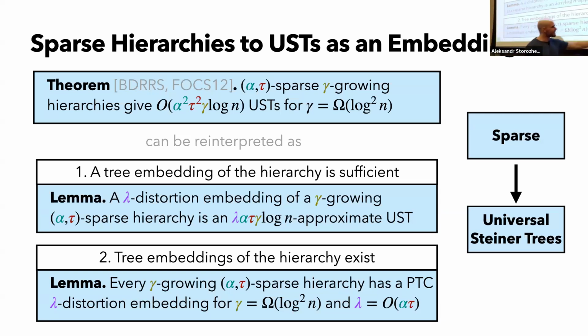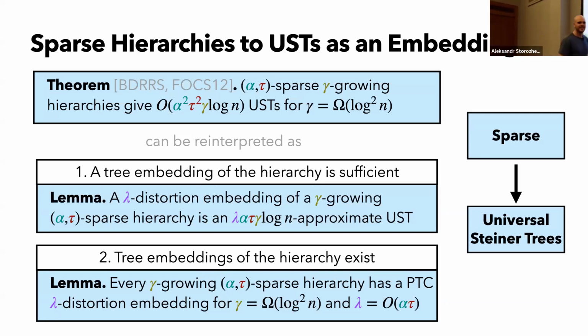You'll notice that if you take this parameterization for lambda, alpha times tau, and plug it in there, you get back alpha squared times tau squared times gamma times log n, which is exactly the quality of the universal Steiner trees we get. So the way you should think about how we go from hierarchies to universal Steiner trees is that we show it's possible to embed the distances of sparse hierarchies into spanning trees. And that's enough for a universal Steiner tree.